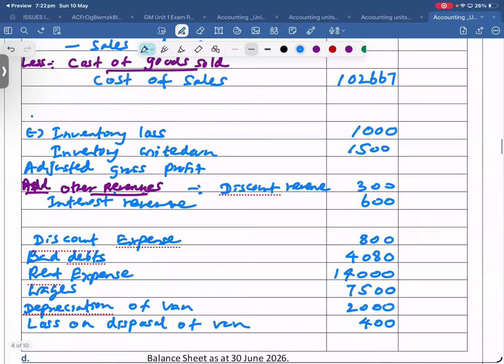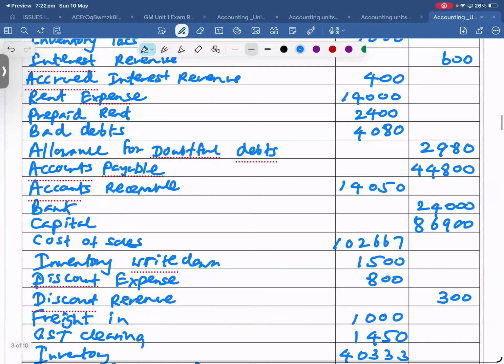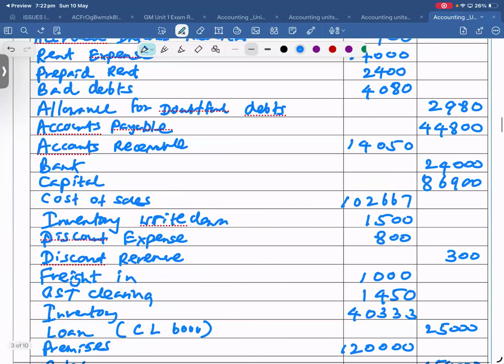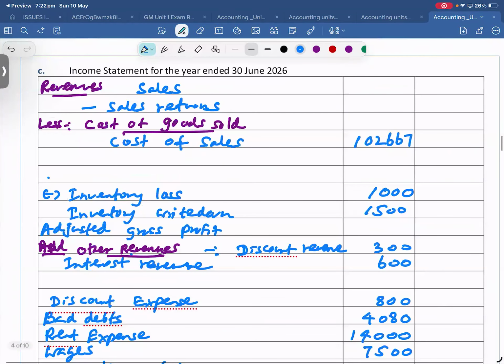Discount revenue 300. Freight 10,000. Freight in 1,000.